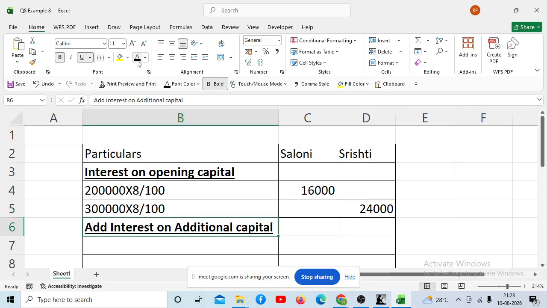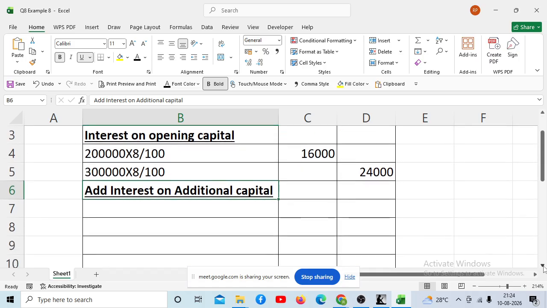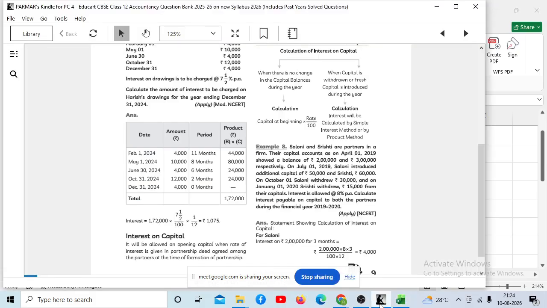Then we will write here: add interest on additional capital. Now let us check when they had introduced the additional capital.